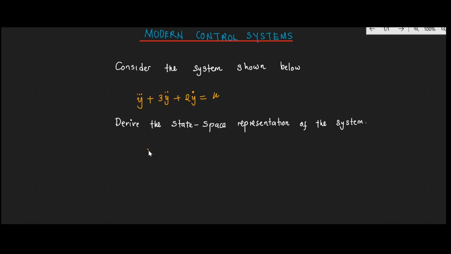You have the state equation, which contains the derivative of the state variables, equal to the A matrix multiplied by the state variables, plus B multiplied by U, where B is the input matrix. This is the state equation.